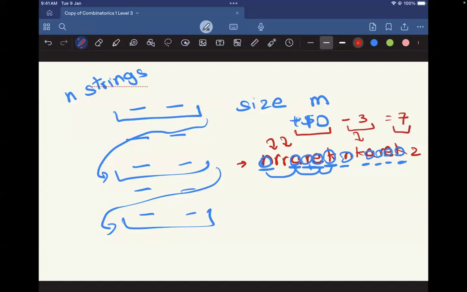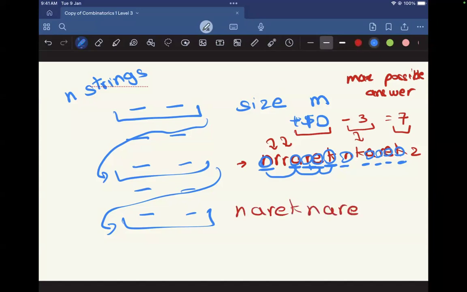Okay. We want to find the maximum possible answer. Yes or no, guys? Tell me. Yes. Now, the thing to notice is that let's say the string was NAREK and NARE.